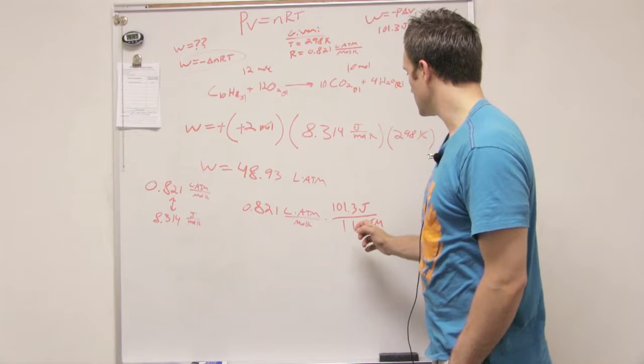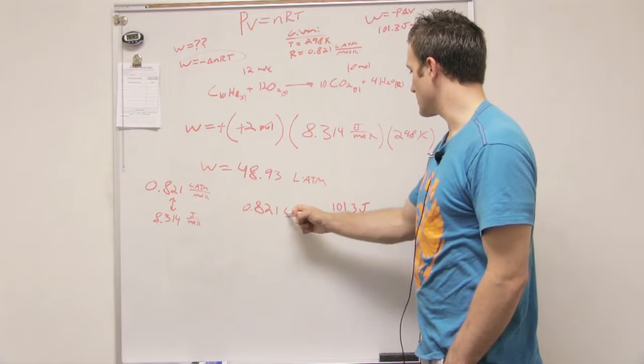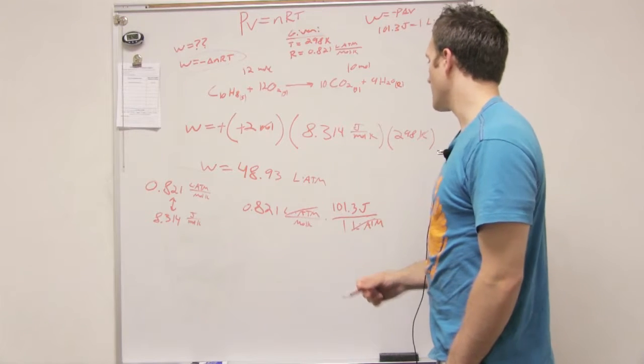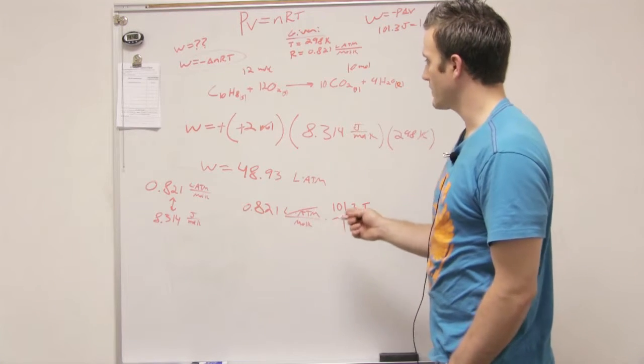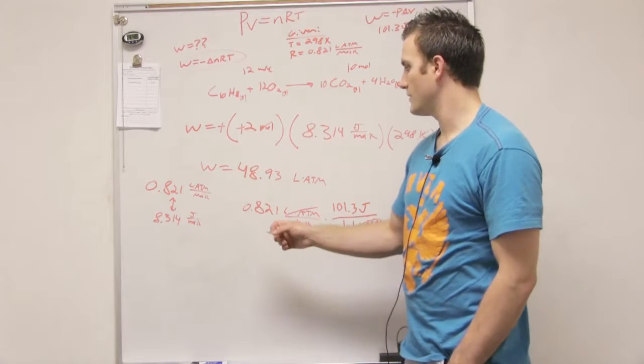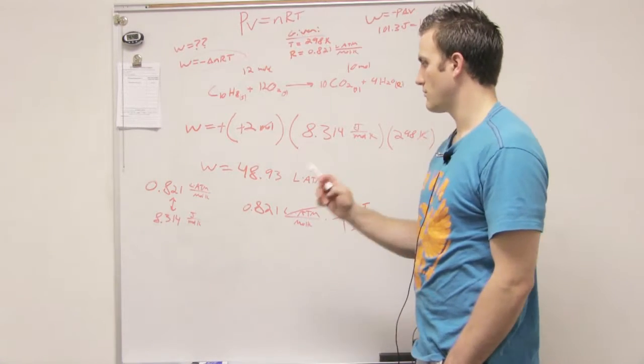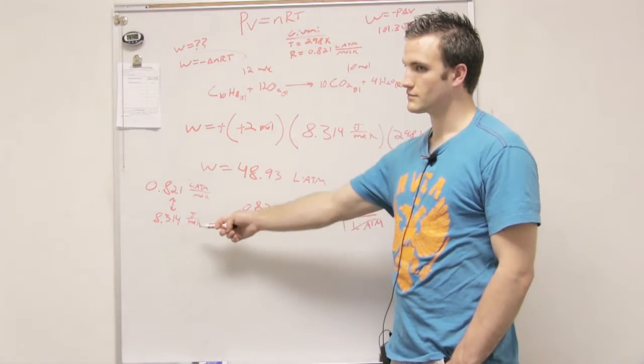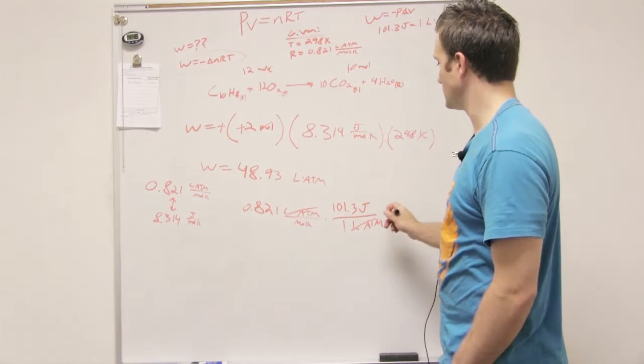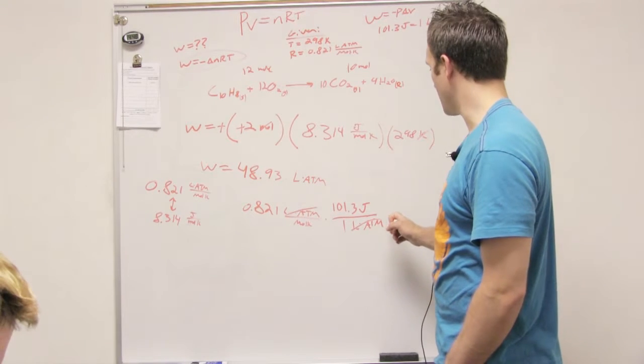Okay, so these units will cancel, right? You times this by 101.3 and you're gonna get that, right? Don't worry about it.